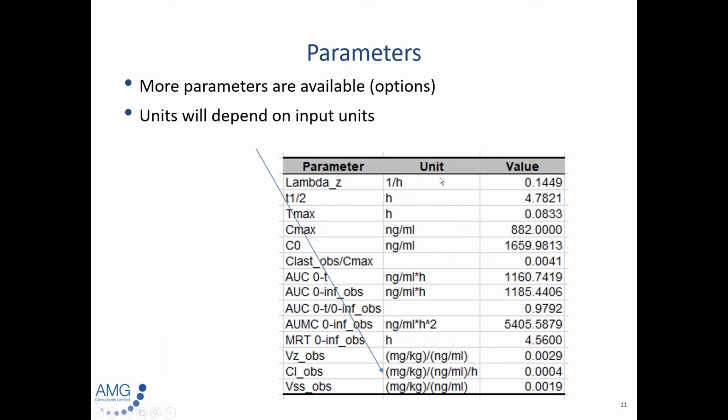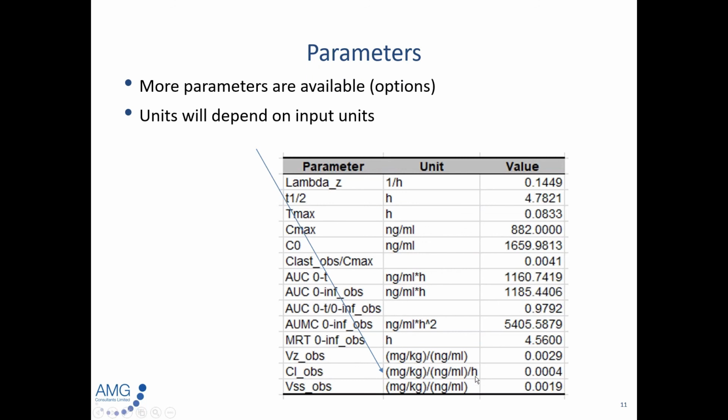Then the parameters. This is a blown up version of the parameters that you get. There are more parameters available. If this list isn't enough for you, there is a button under the options tab to generate a list that's about twice as long as this. The units will depend on the input units. So you can see in terms of clearance, the concentration values I had were in nanograms per mil, the dose was in mgs per kg, and the time was in hours.